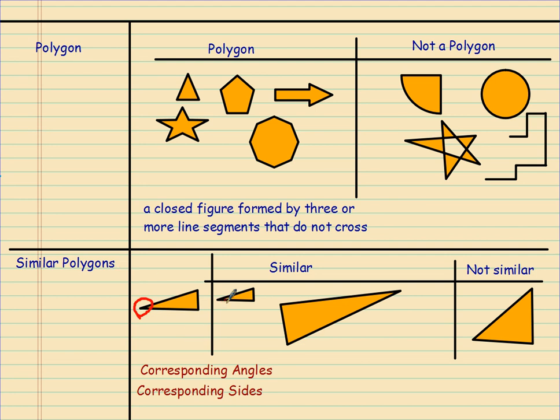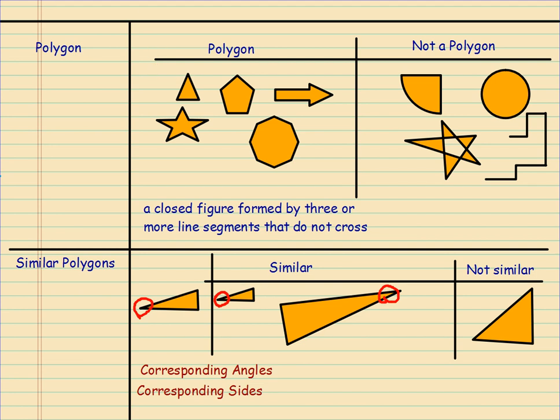Now which angle is corresponding to this angle? Which angle is matching up with this angle? Well, of course it's this one. So these two angles are corresponding angles. How about in this triangle? Which angle matches up with this angle? Well, it's not this one or this one, but it's this one over here. So these are called corresponding angles.